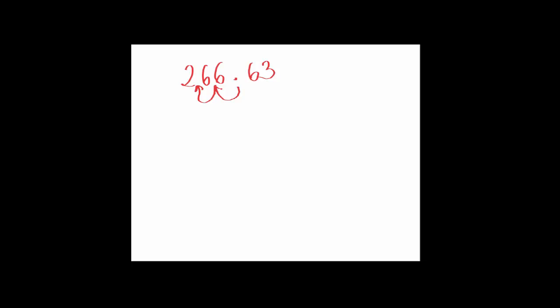If I move by only one place, I will get 26.6. But I need to move it a couple of places to the left. So 2.6663, that's the actual number. A number in scientific notation is a coefficient x, a product, times 10 to the power of y.